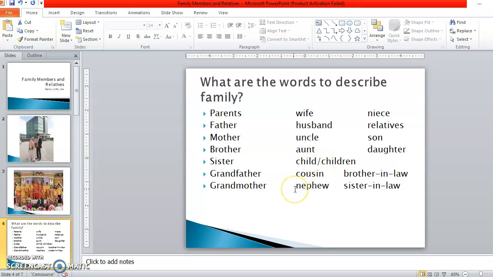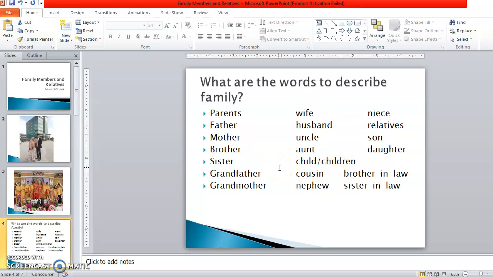Cousin, nephew, niece, relatives, son, daughter, brother-in-law, sister-in-law. So you might have a brother-in-law or sister-in-law, and you must have a brother or sister, and you must also have a grandfather and grandmother. These are some words related to family.